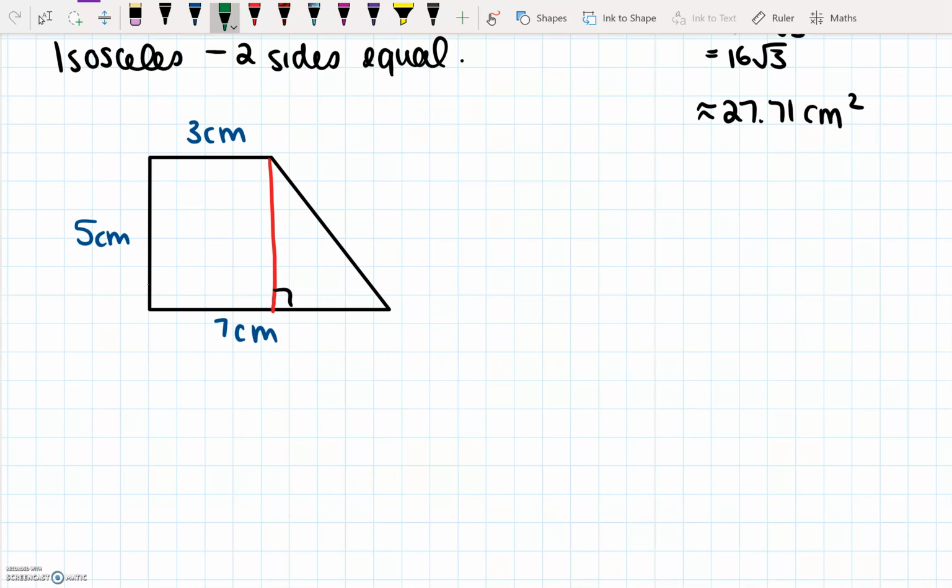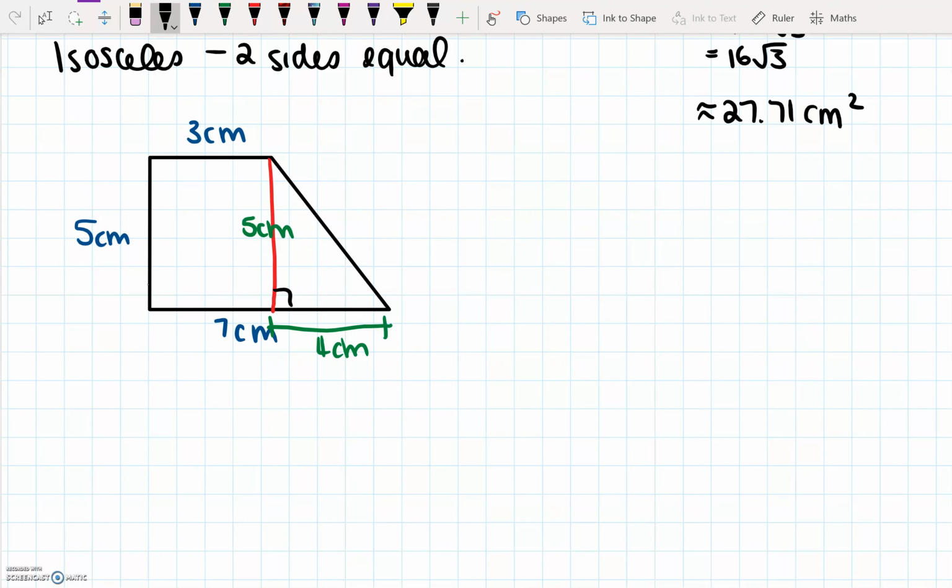We know that this part here is just going to be 7 minus 3, so we have 4 centimeters here. We know our height is 5 centimeters. In this case, we don't even need to use Pythagoras, because we don't actually need to know this sloped side. That's to find the area.